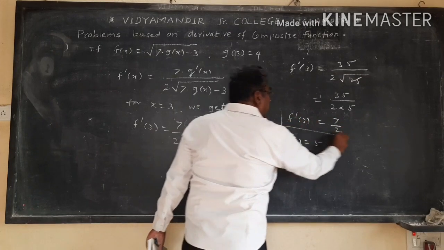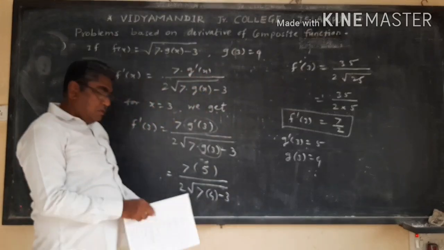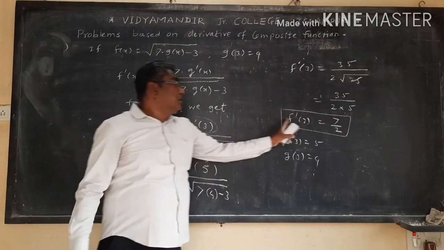F dash of 3 is equal to 7 by 2. This is the answer.